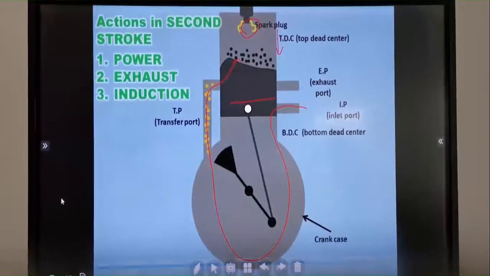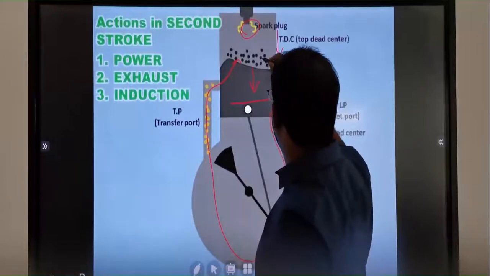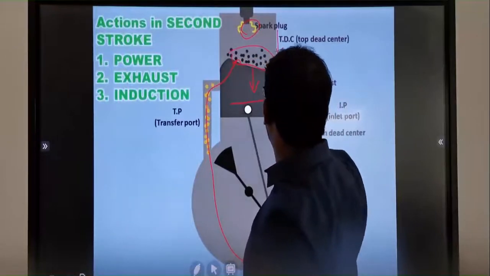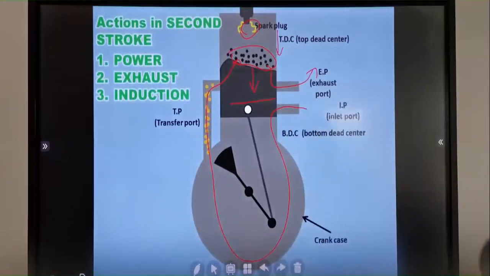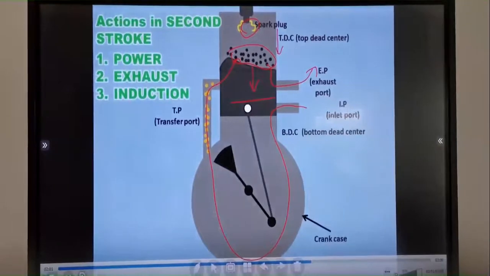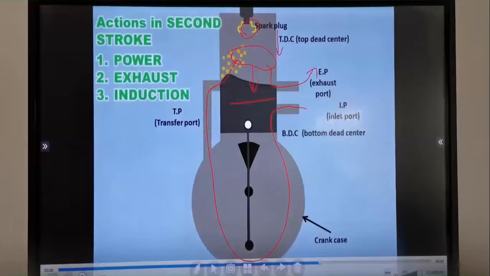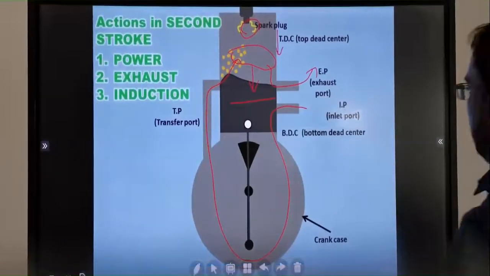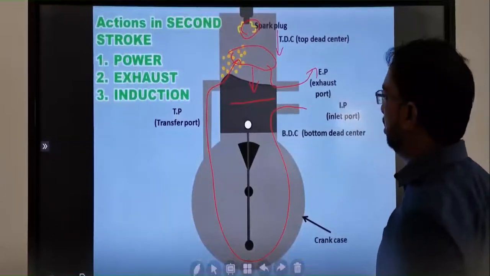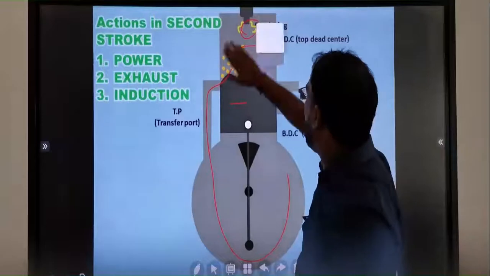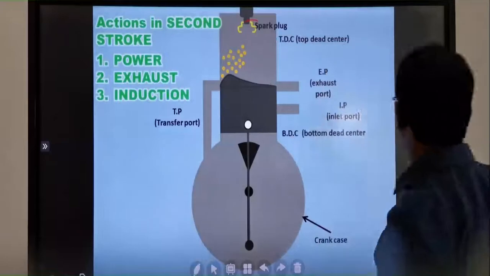We can see there's a power stroke, this piston going up to downside. So this burned air mixture exits through this exhaust manifold. So this is a two stroke. So there are two strokes combined into one stroke in this type of engine.